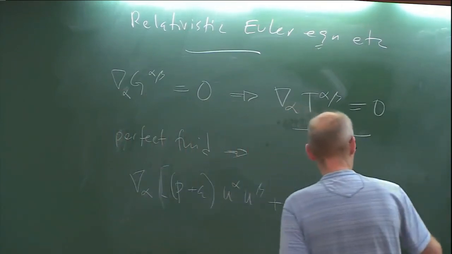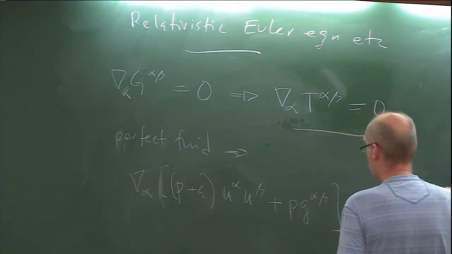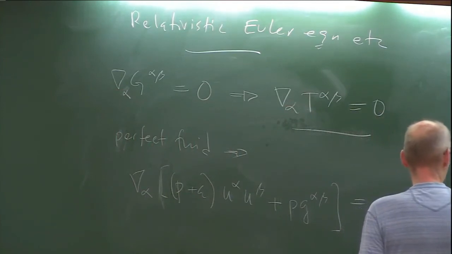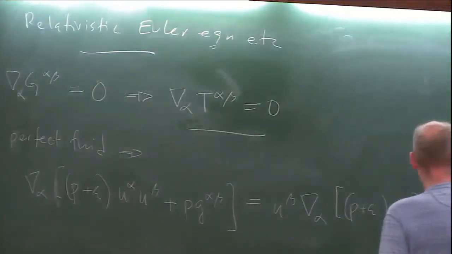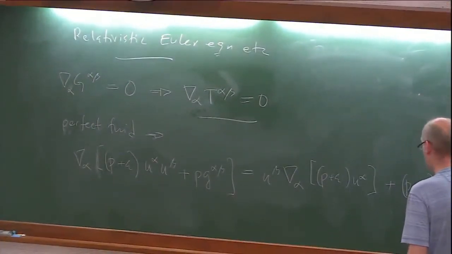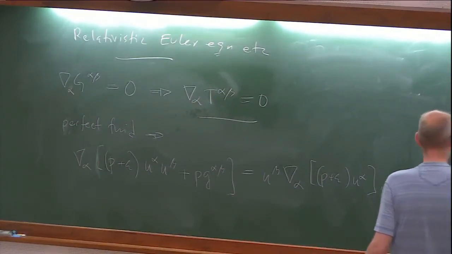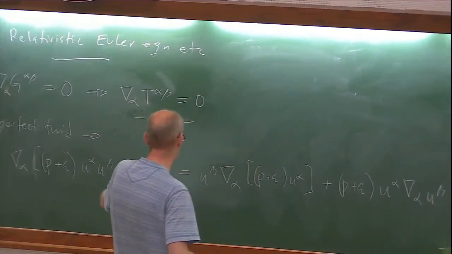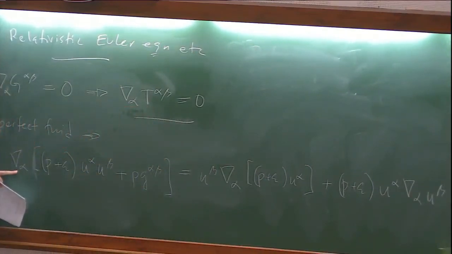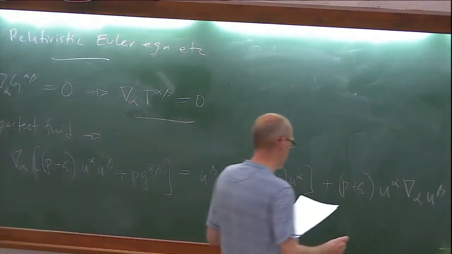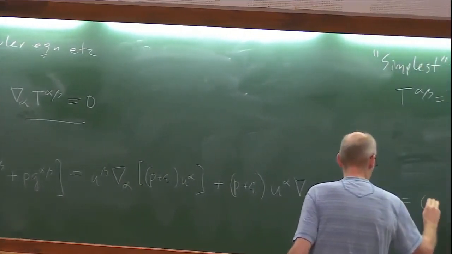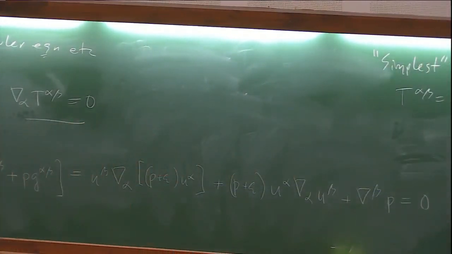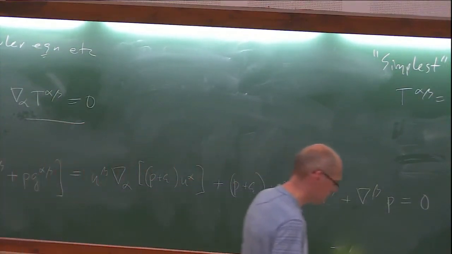So I'm going to write this as u beta times grad alpha of the whole thing. And then, obviously, what I didn't take the derivative of, I took the derivative of times the u beta, because I didn't take the derivative of that yet, so it just gives me this. And then the other term, well, the g is compatible with the covariant derivative, so that just goes through. That derivative is 0, so I can just write this as grad beta upstairs of p. So that has to be true, barring possible typos and other mistakes that I probably made.